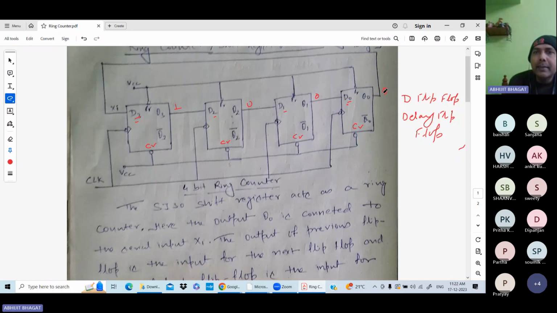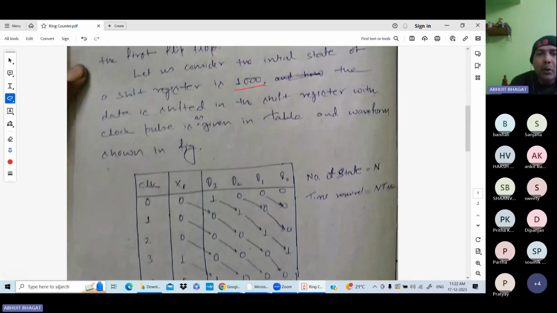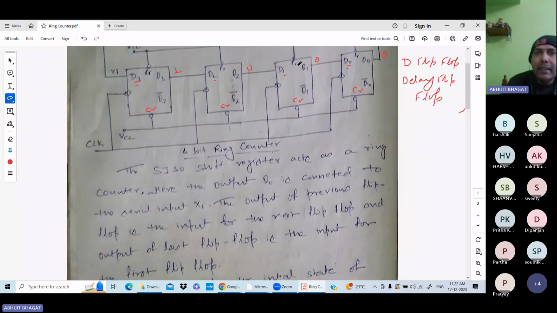So at the initial condition, when clock is 0, Q3 is 1, Q2 is 0, Q1 is 0 and Q0 is 0.